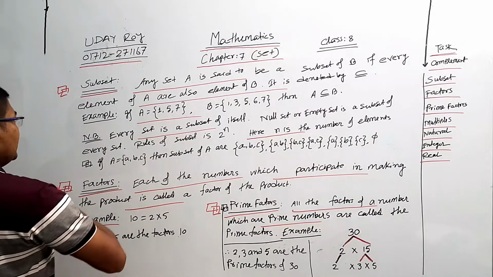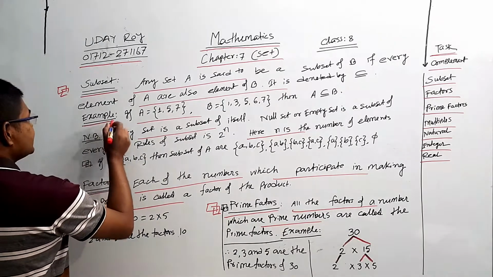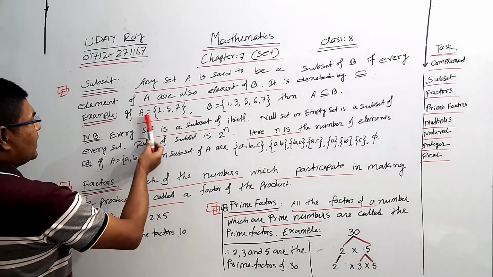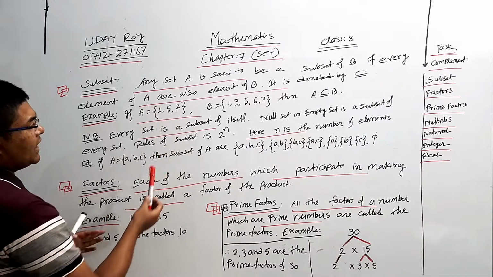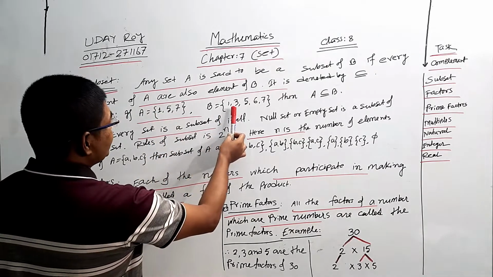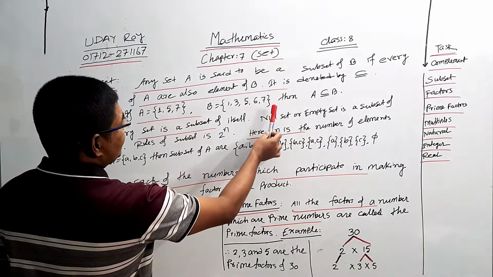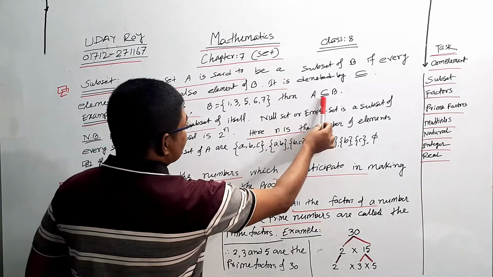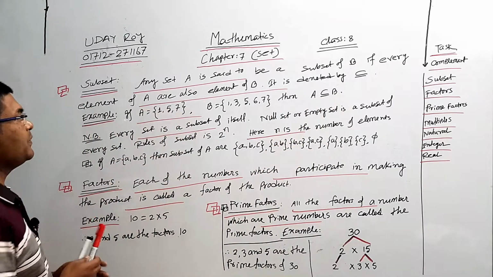So example, you can see here is an example: A equal 1, 5 and 7 and B equal 1, 3, 5, 6 and 7. Then we can write A subset of B. A is a subset of B.